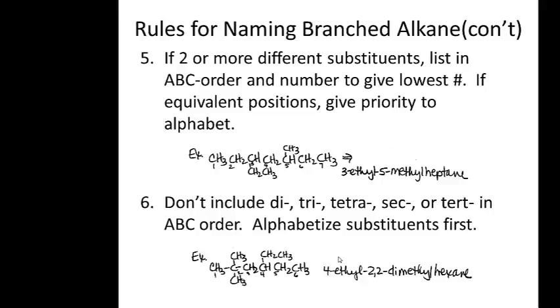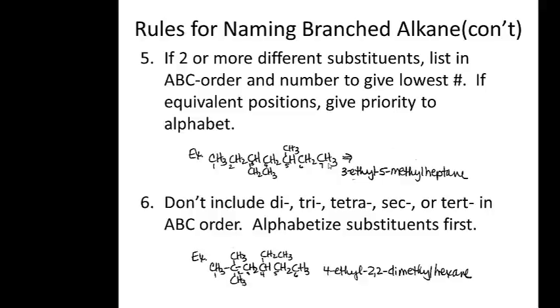So I suggested a couple minutes ago, why would I number this starting with the number 1 here instead of the number 1 over here if I was still going to have a 3-5 set of substituents? The reason I did that is because by numbering in this way, I can have ethyl, which is closer in the alphabet to A, and I would have methyl coming second. So this would be a 3-ethyl-5-methylheptane.